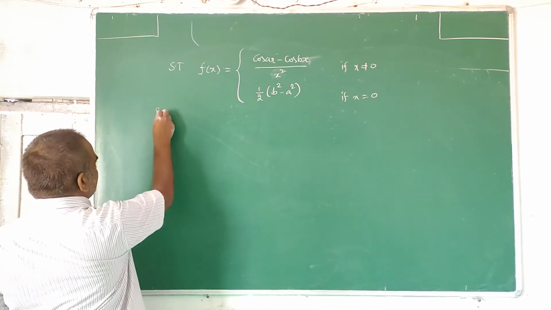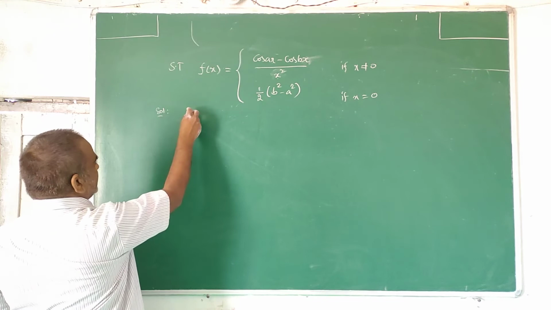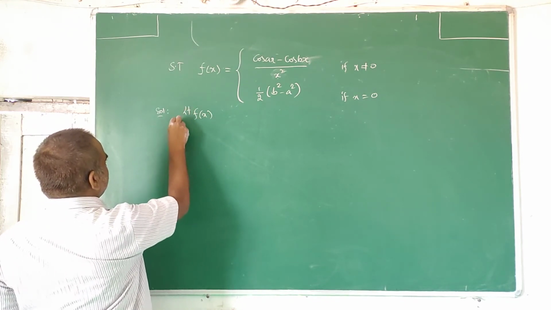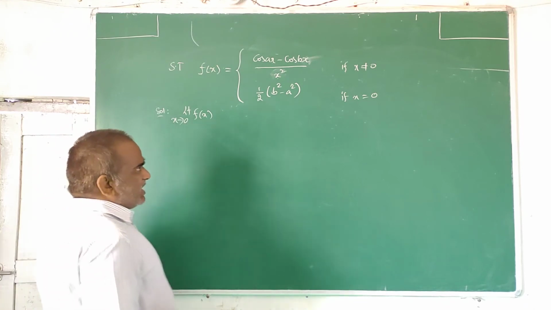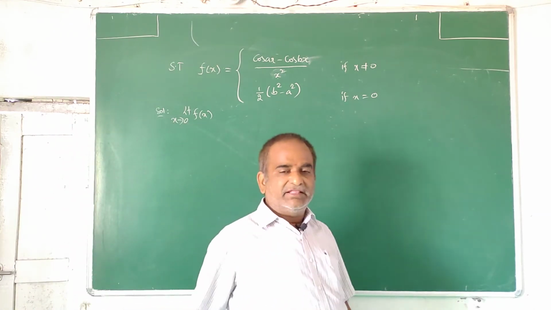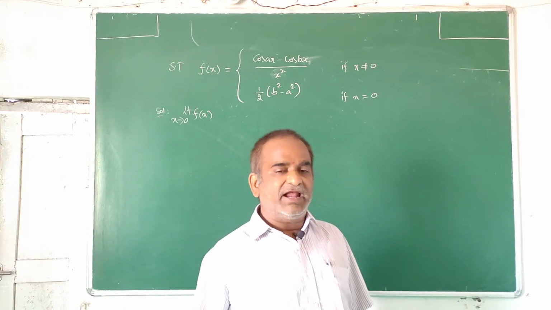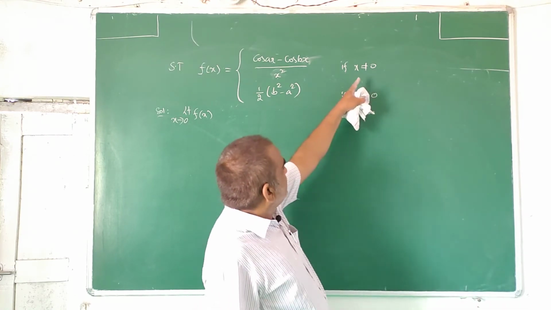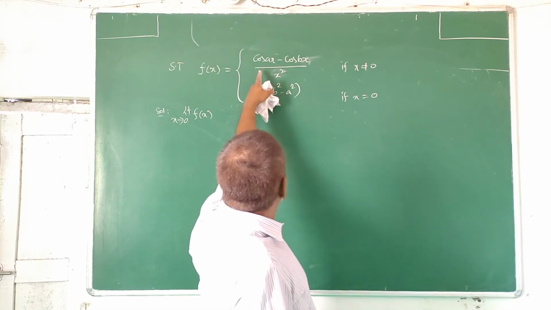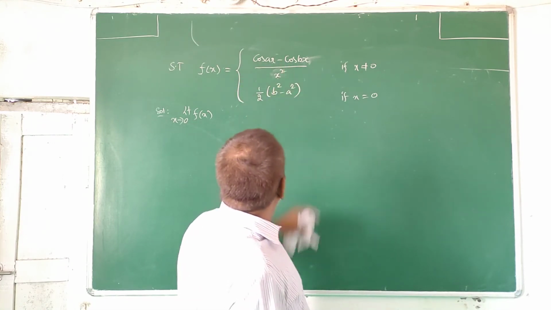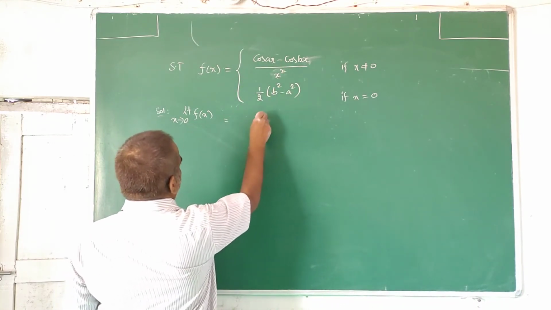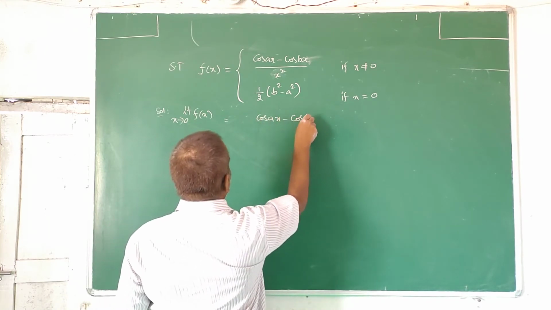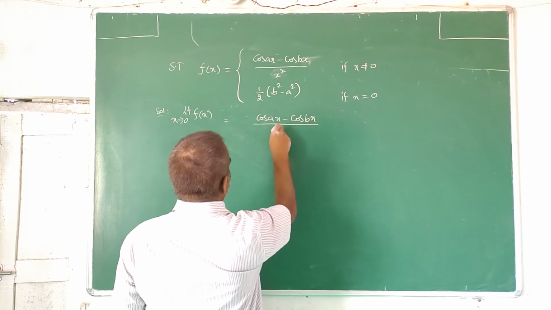As planned, first I am finding the limit of f(x) as x tends to 0. X tends to 0 means x is approaching 0 from the left side or the right side, but x is not 0. So for x not 0, f(x) is defined as (cos ax minus cos bx) by x².